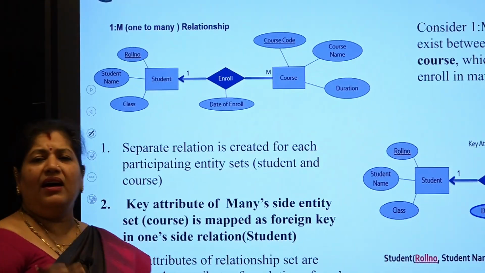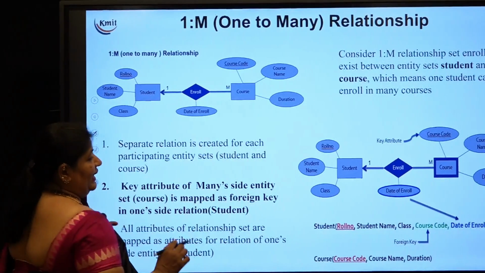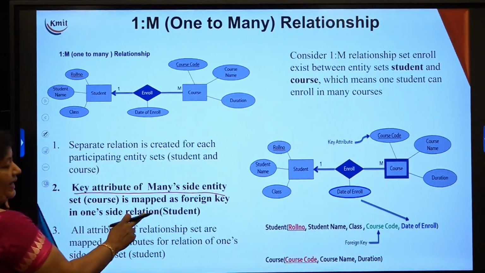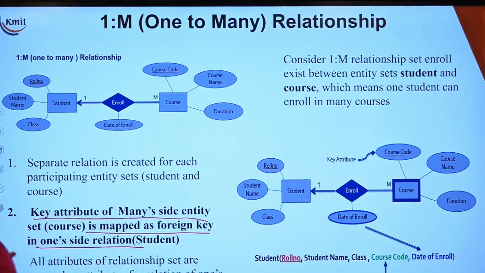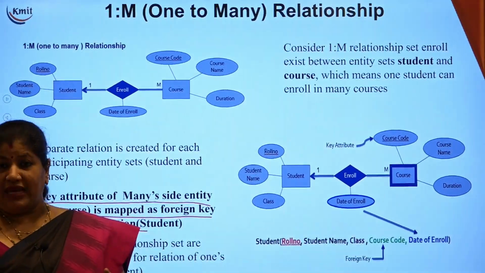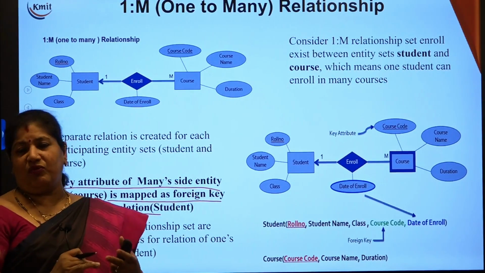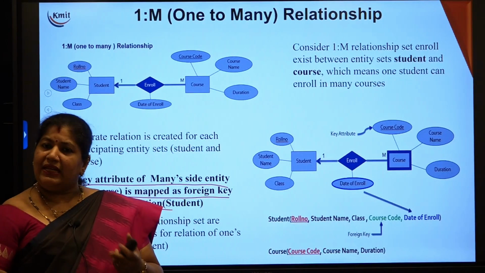Here, a slight change, what we have to keep in mind is that the key attribute of the many side entity is mapped as the foreign key in the one side relationship. In a one-to-one relationship, it can be either way. Either you take the course primary key as a foreign key into student, or the student primary key as a foreign key in course.